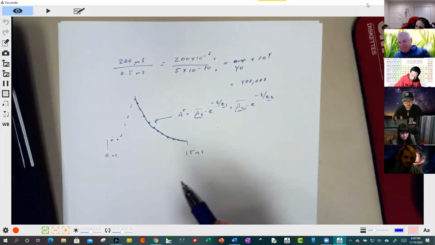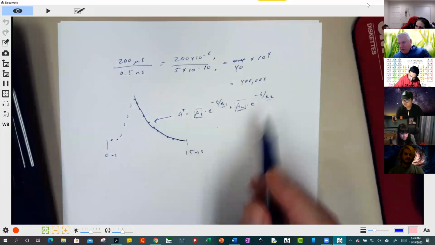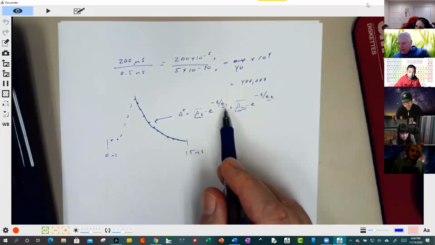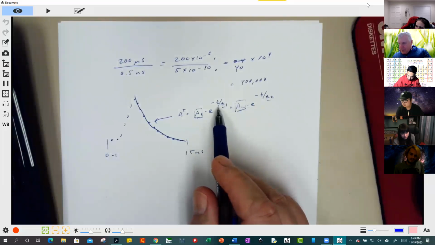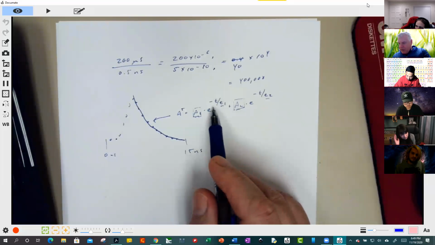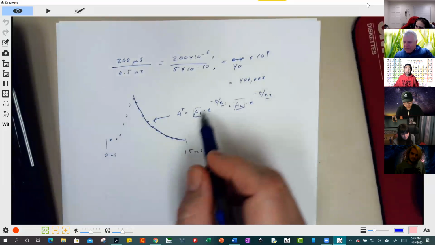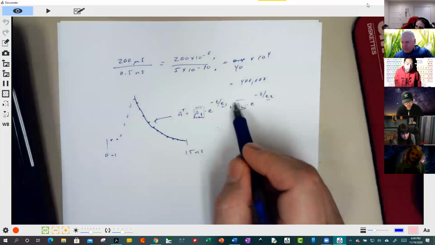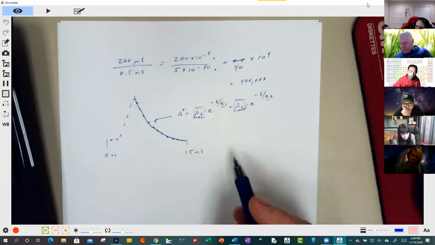Actually, you could take e to the minus t over tau 1 and make that your x variable or something like that. But in any case, you can get to these A1 and A2 variables either linearly or non-linearly.